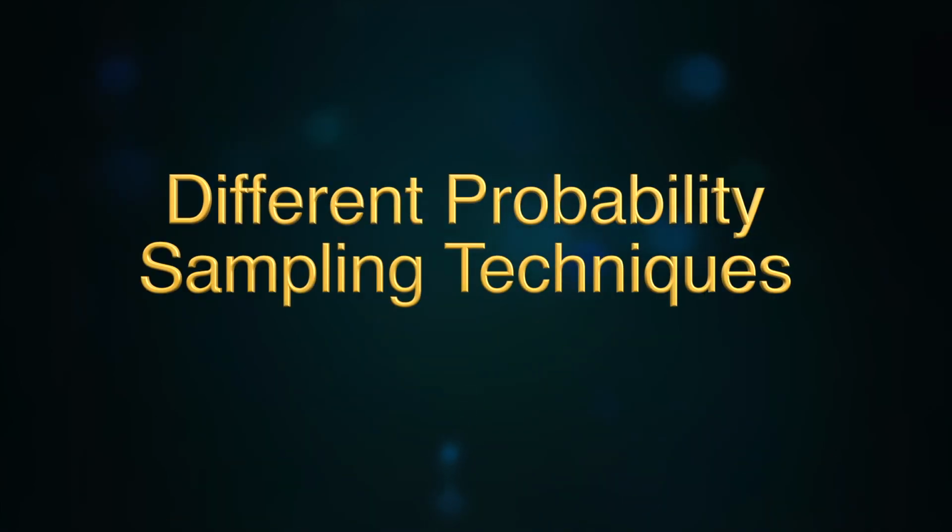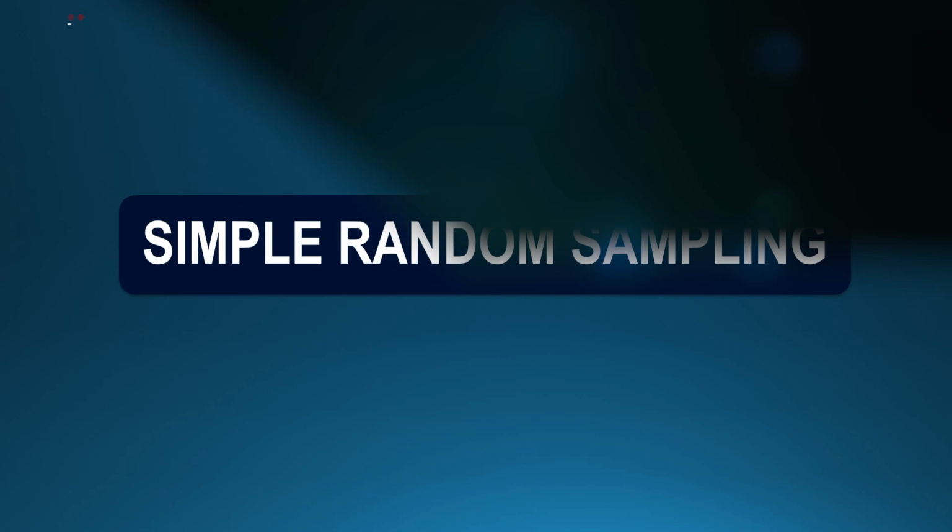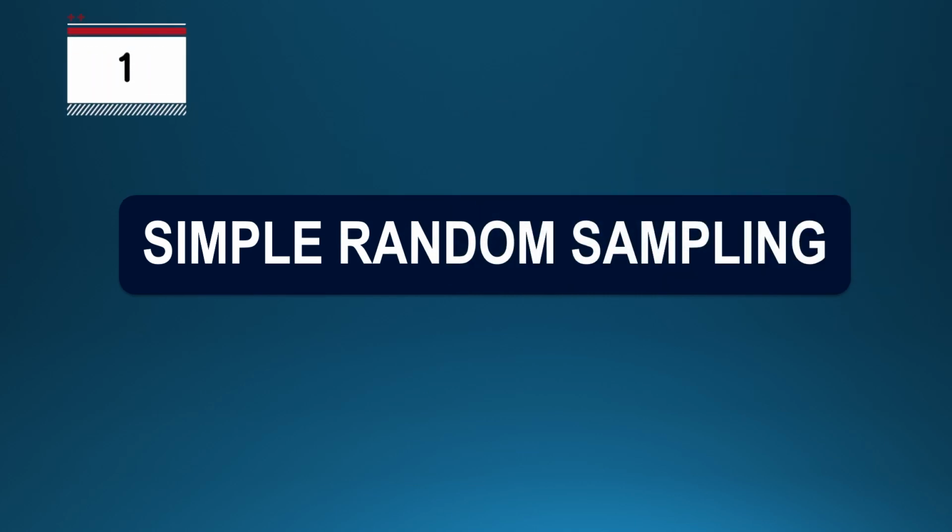For example, consider all the students of a class appearing for a similar examination. All students or a particular section is considered a wider population for probability sampling. The different probability sampling techniques are as follows. The first one is the simple random sampling technique.